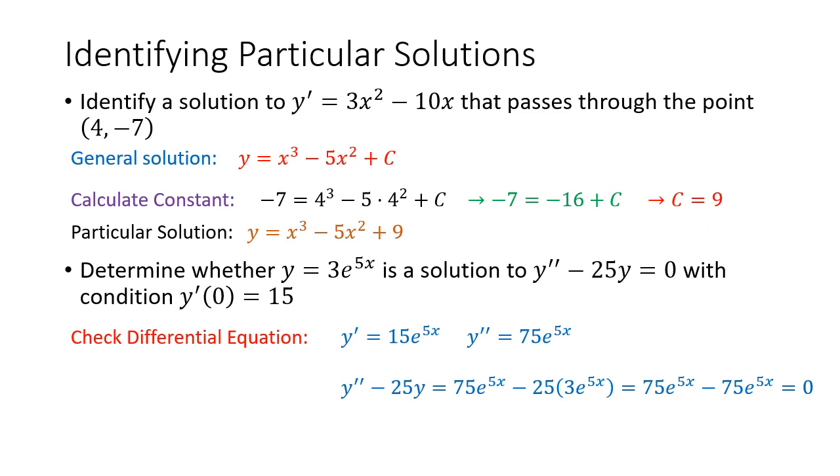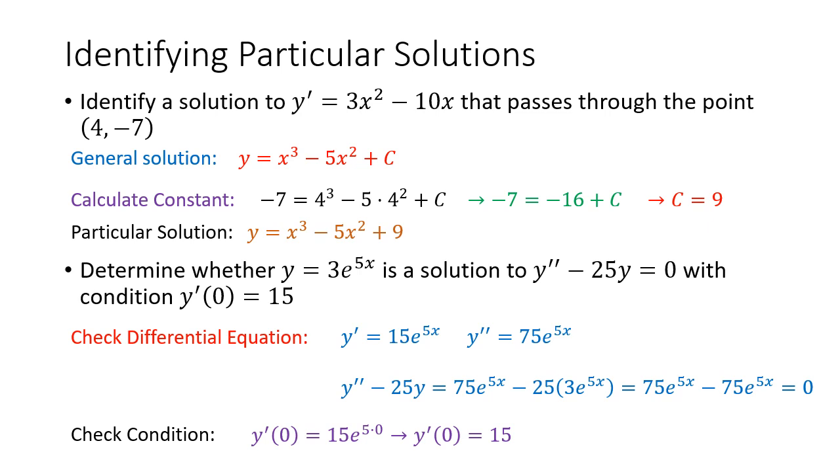We next need to check the condition y prime of 0 is equal to 15. To do this, all we need to do is plug 0 into y prime and ensure the result is 15. So y prime of 0 would be equal to 15 times e to the 5 times 0.